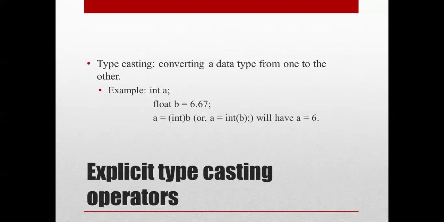Then we can store b into a by putting int in parentheses just in front of b, or you can also put int and put b in the parentheses. That will store 6 into a. What it will do is convert the floating point value of b into an integer value and store that into a. Okay, so that's the typecasting.